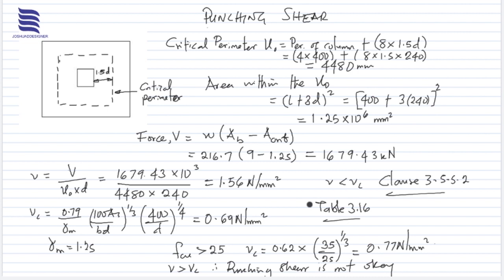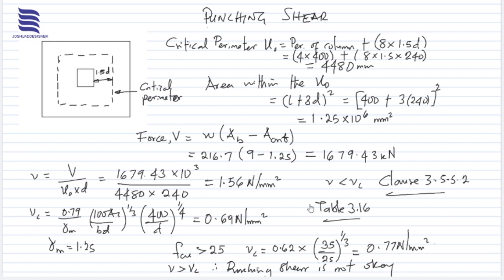So what are those things you can do? In this scenario now, the easiest thing you can do is to increase the depth of your footing and see how it affects the punching shear, right?